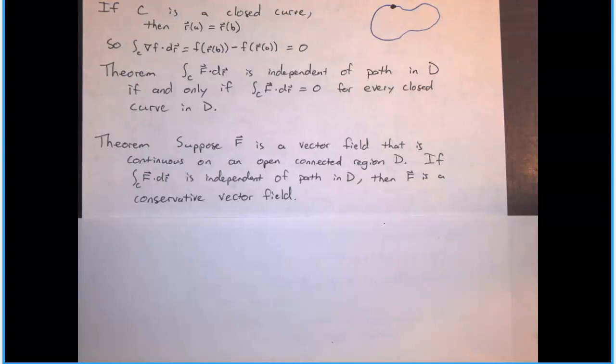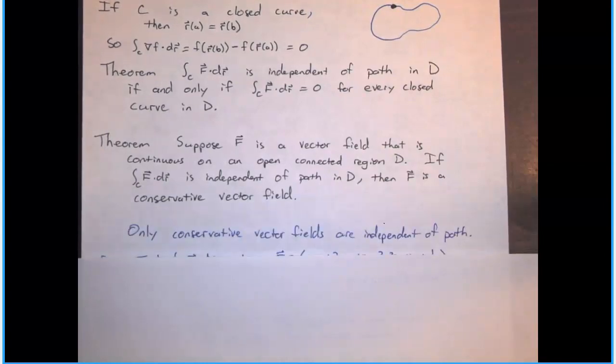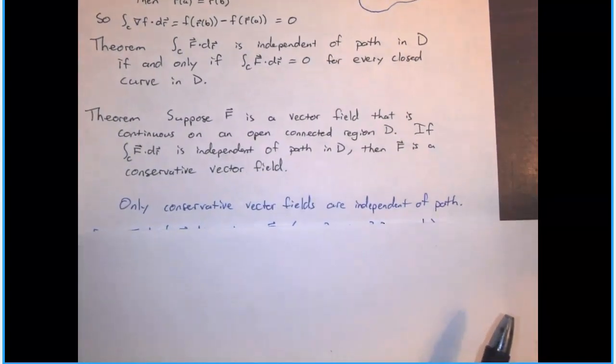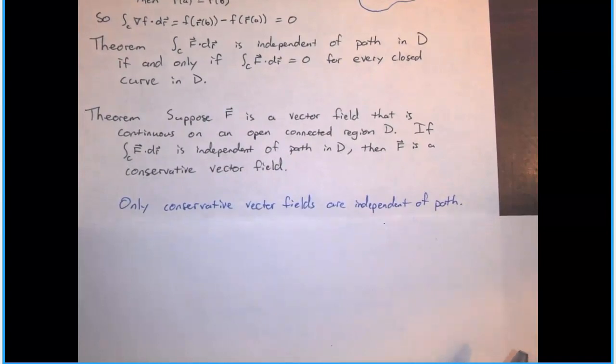They're vector fields that are independent of path. So if it's conservative and it satisfies all of the hypotheses we've talked about before, then the integral is independent of path. If we have an integral that's independent of path of a vector field, then that vector field has to be conservative. They're equivalent statements. So only conservative vector fields are independent of path. So we're only talking about gradient fields, right? Because conservative vector fields are gradient fields.